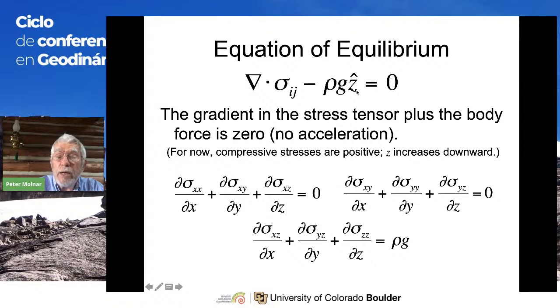And then the third of these equations with the z component is the same, but now we were worrying about the normal stress in the z direction, and that's equal to the body force, rho times g.